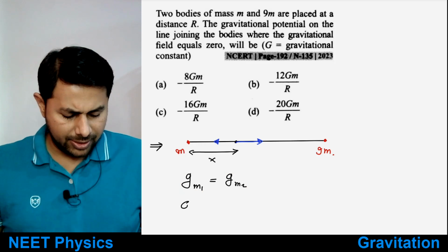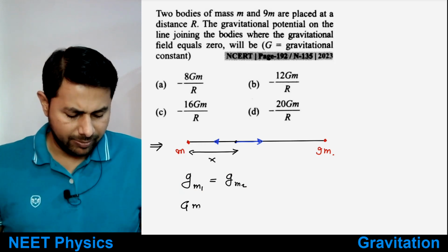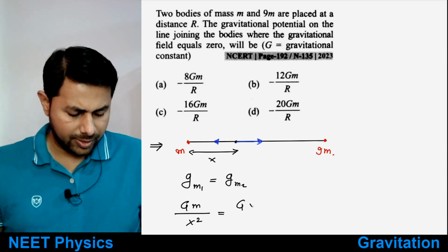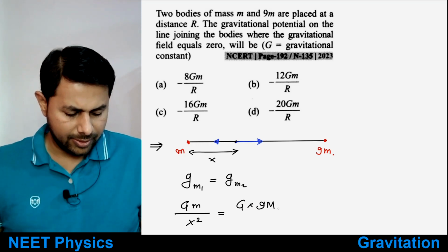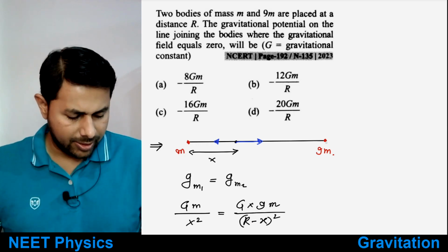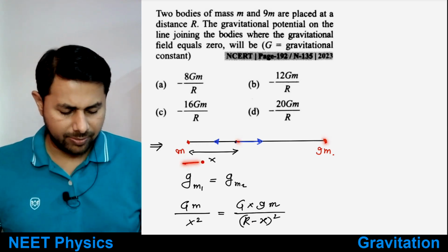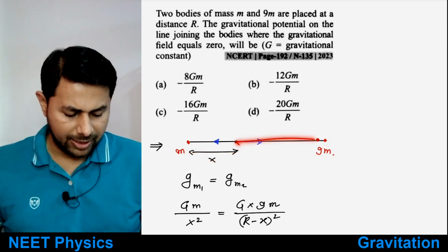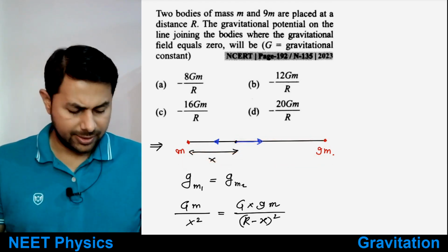So that means G times m1, which is m, divided by x square must be equal to G times 9m divided by (r minus x) square. What is the distance of this point from this mass? If this total distance is r, this distance is x, then the remaining distance is r minus x, right?